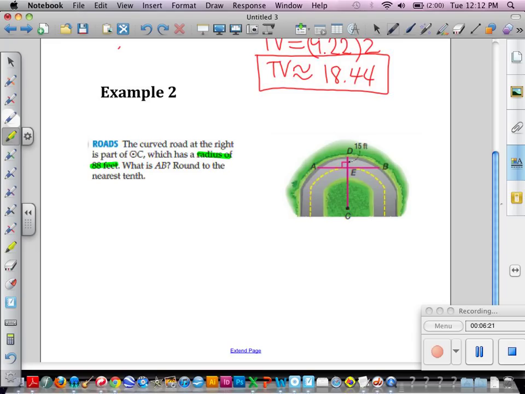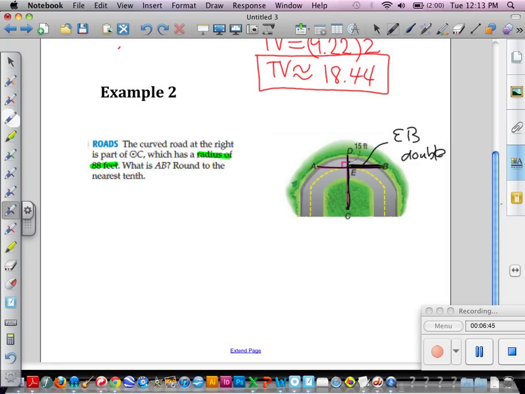All right, so I'm looking for AB, which is the whole entire chord. I'm going to find only part of it. I'm going to find the EB, and then I'm going to double it is what I'm going to do here. Because this is my radius, and it intersects and splits those into 2 equal pieces. So that's my goal. I'm going to find that.